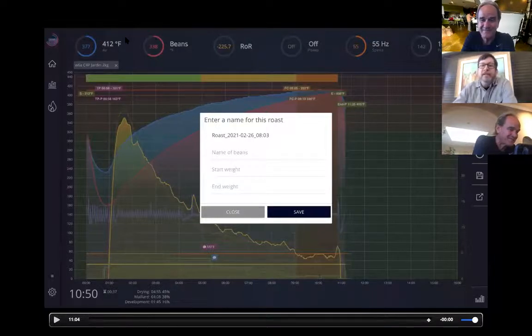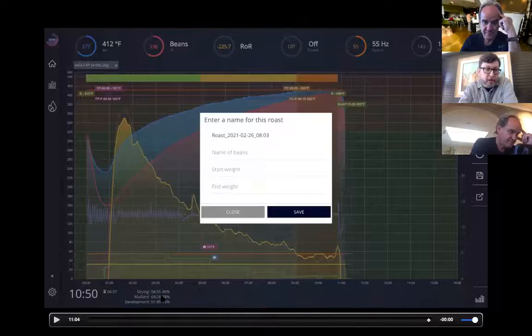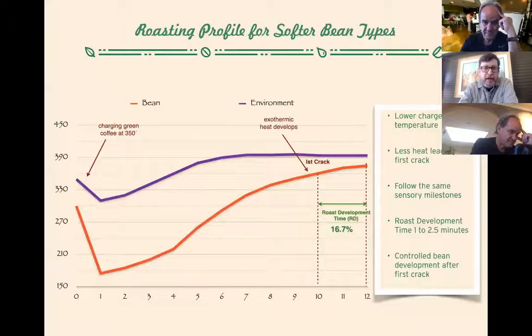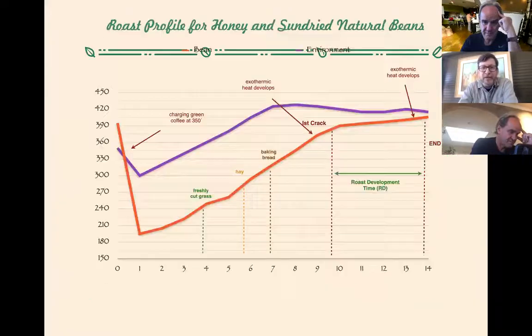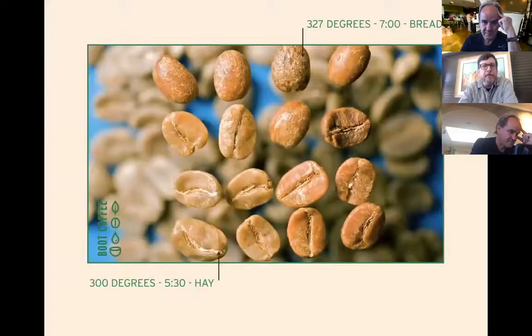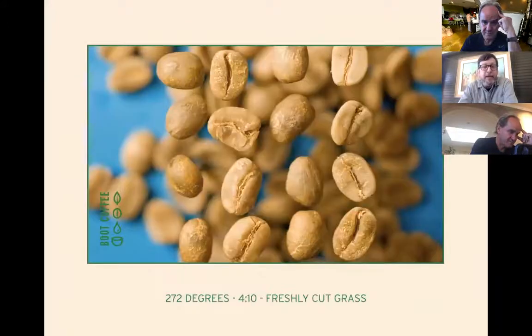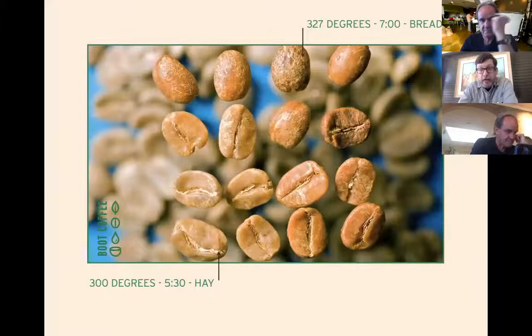Yep. I also see Jean P asked if we can see the picture of yellow, to see the point of yellow, and we can go back to the color. I think it's hard to show on a slideshow. I use my nose as much as I use the color of the beans, but for me, yellow is yellow. There's no more green on that coffee bean. It is fully yellow.